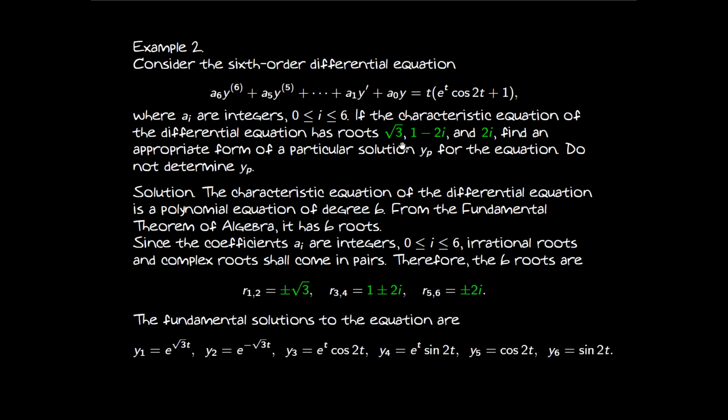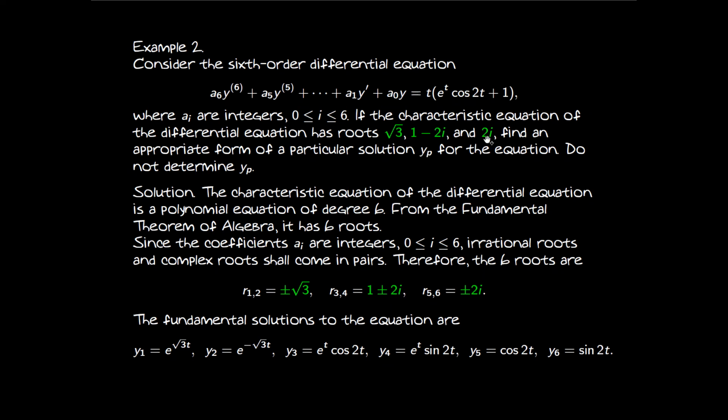Namely, corresponding to the square root of 3, we know there's another root, negative square root of 3, a conjugate to this, okay? And for the 1 plus 2i, you're going to get 1 minus 2i. Sorry, for the 1 minus 2i, you have 1 plus 2i. It's also a root, a conjugate of this.